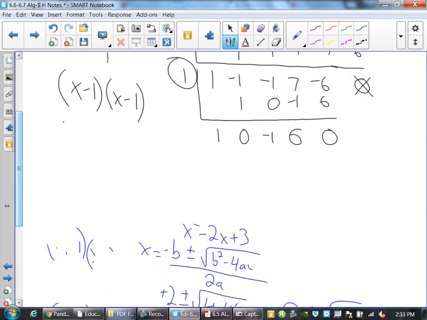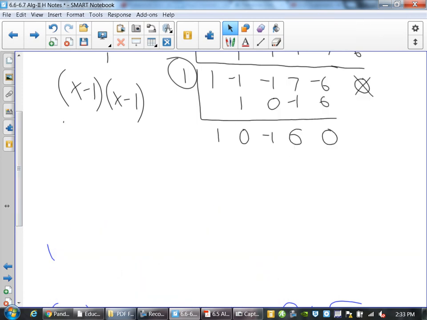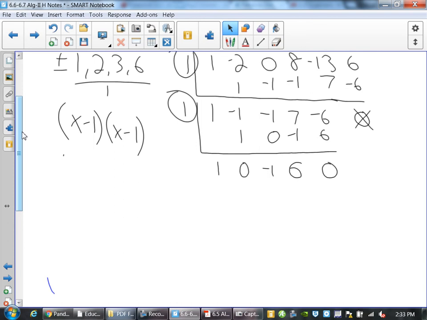So the next one for me to check. Wait. So you have to check twice? You can. It doesn't hurt. And you'll find out real quick it doesn't work. Does it never work? Okay, it can work. It's very rare, but it does work. It just means you had a cubic there. That's all.